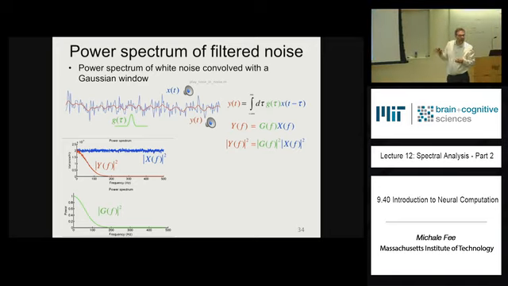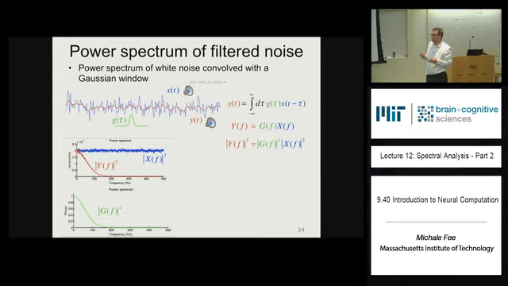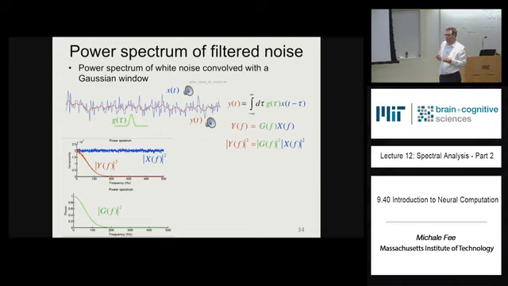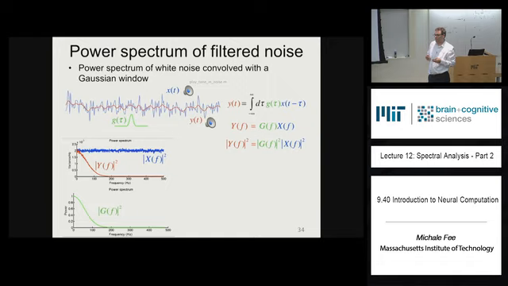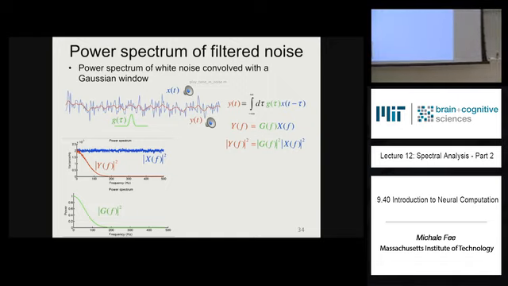What would a high-pass filter look like in the frequency domain? So a low-pass filter would pass low frequencies, a high-pass filter would pass high frequencies and suppress low frequencies. Right?